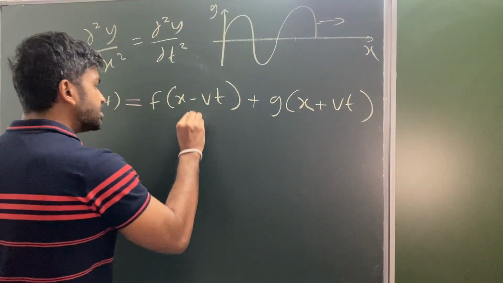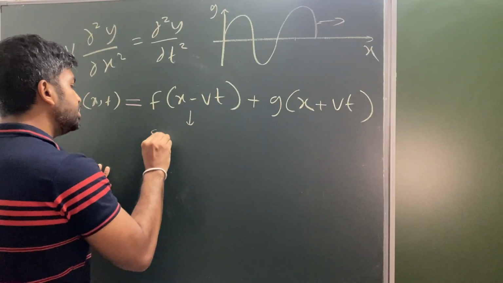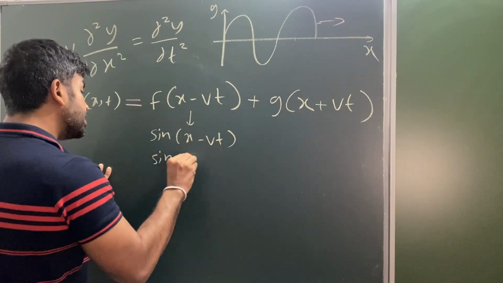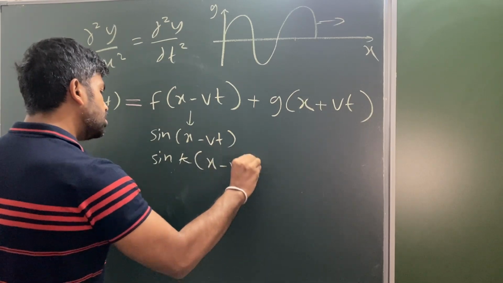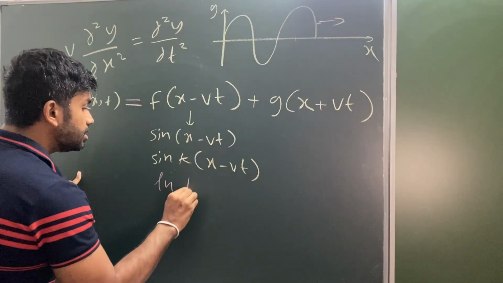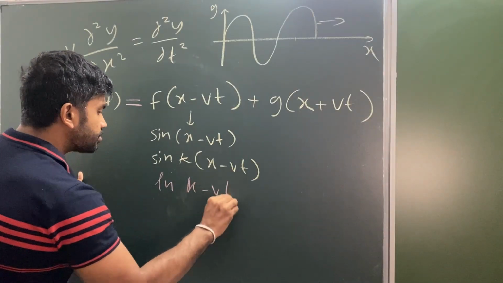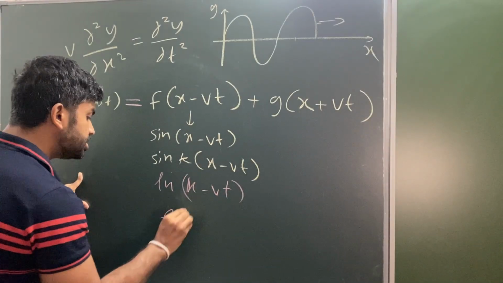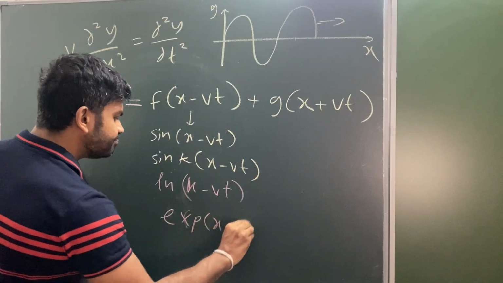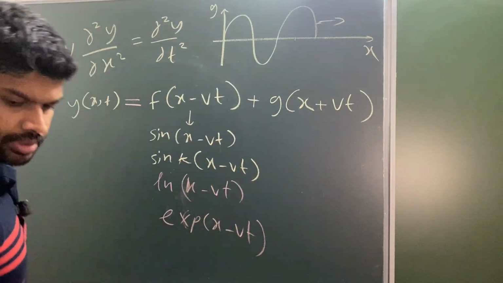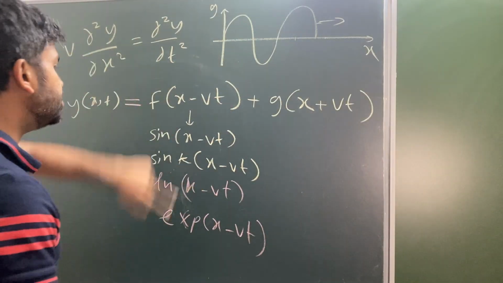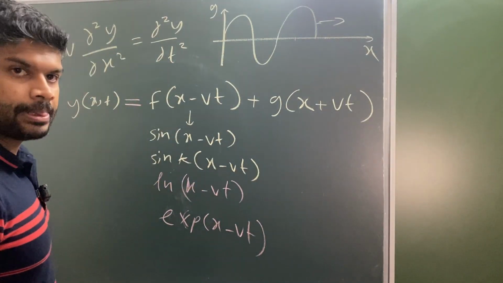For example, a function of x minus vt could be sine k(x minus vt), or ln(x minus vt), or exponential of x minus vt, etc. Anything which satisfies this can be chosen as a solution.